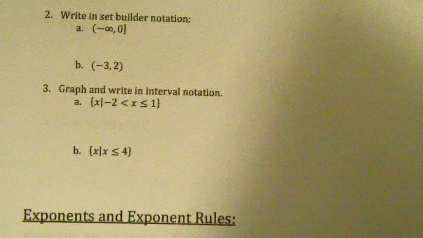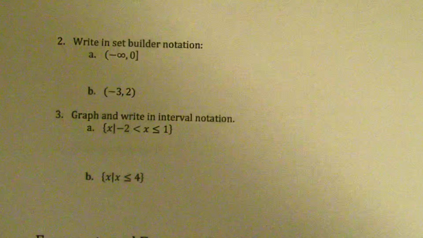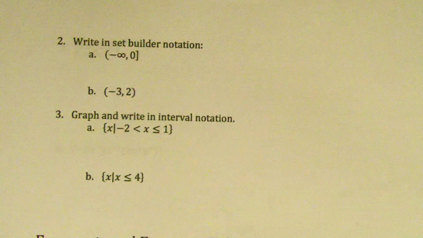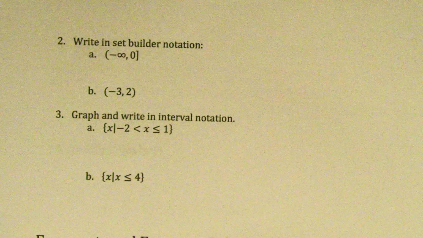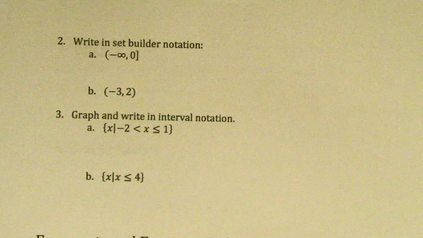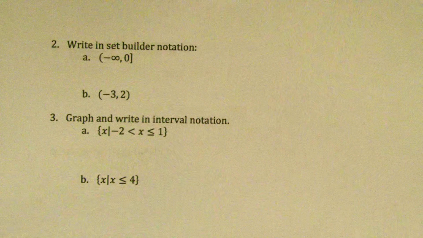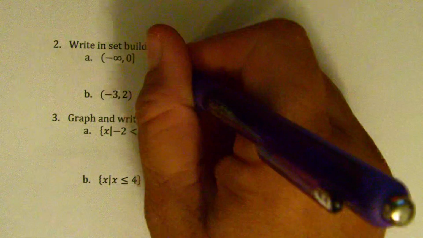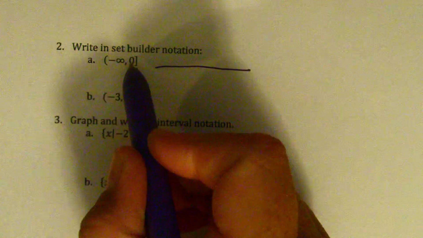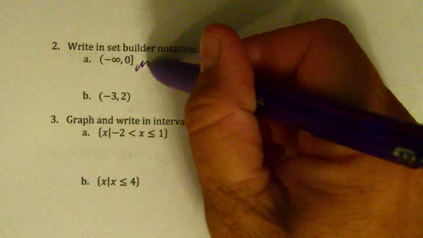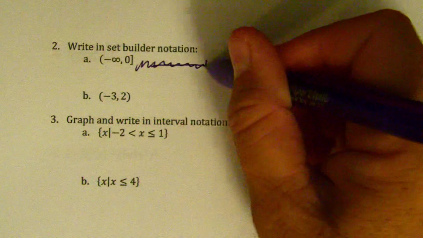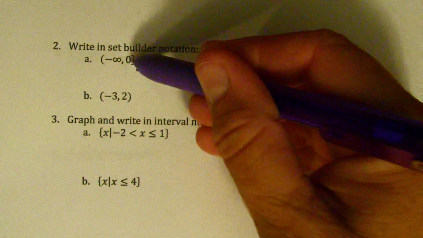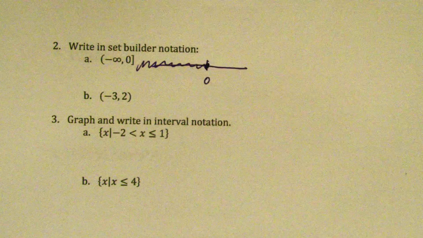What we're going to practice now is converting between different forms. So here it says to write this set in set builder notation. It's currently in interval notation. So -infinity to 0, -infinity all the way to 0, has a bracket at 0, so that would be a closed dot.